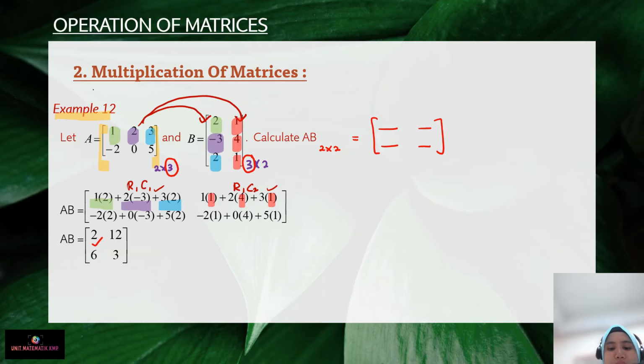So next you will proceed with your next value. So here is R2C1. Why do I say R2C1? Because R2, negative 2, 0, 5 you put here, it will multiply with your first column from matrix B. 2, negative 3, 2.